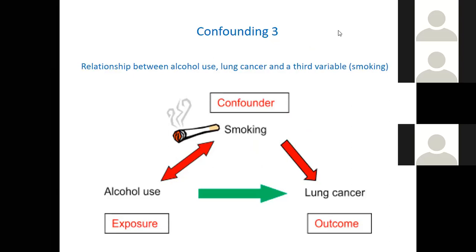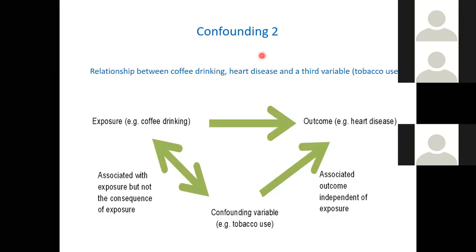That's just the explanation. Now, what I want to emphasize here is that this confounder is not an intermediate stage in the causation of the disease. It's not as if alcohol use will lead you to smoke and the smoking will cause lung cancer. Or that tobacco will cause you to take coffee and the coffee now leads to lung cancer.